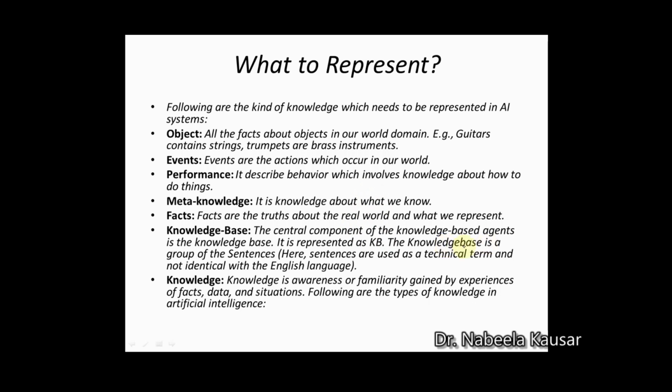The knowledge base is a group of sentences. It is a group of sentences such as the patient has the high body temperature, the guitar contains the strings. Next is the knowledge. Knowledge is the awareness or familiarity gained by experience or facts, data and situations.